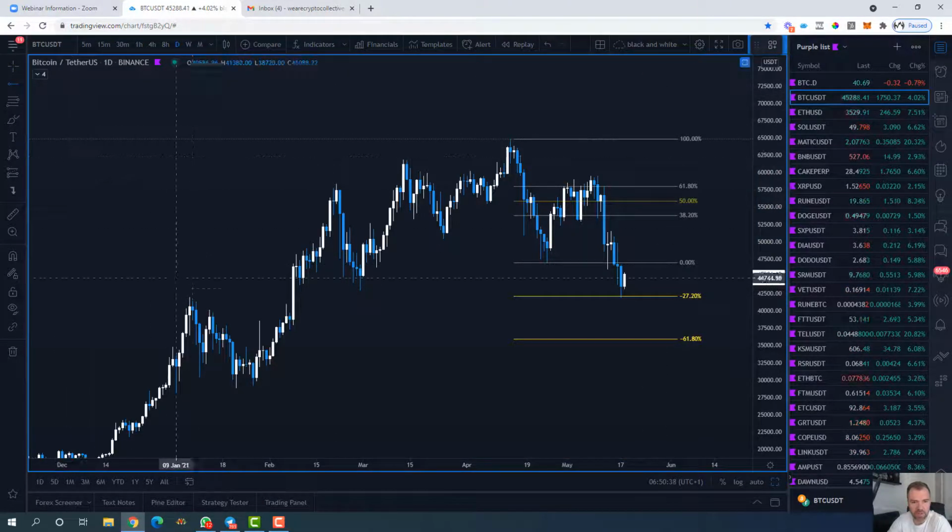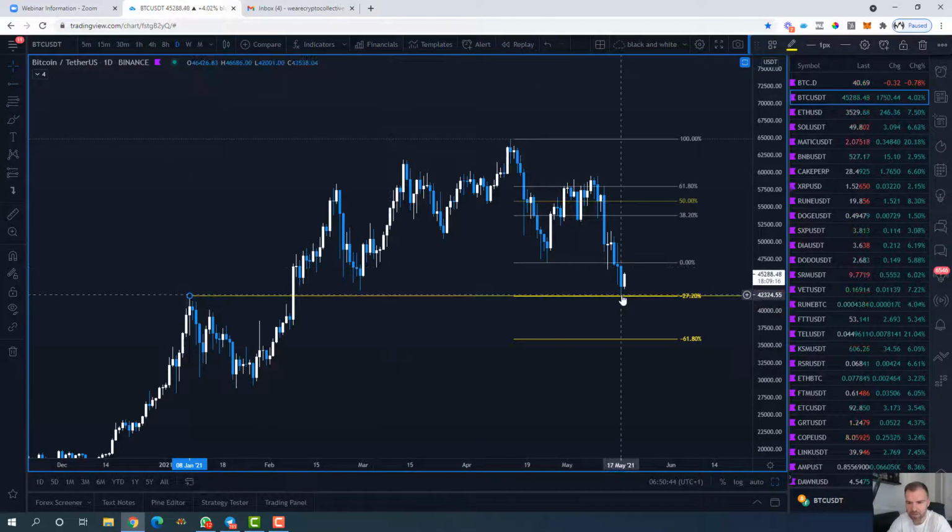So let's bring in our structure through here, so we can see we've got resistance over here coming into support here. Old resistance becomes new support. We're looking at this impulsive move lower that forms a new low and a lower high coming into structure. We get a 61.8 retracement.